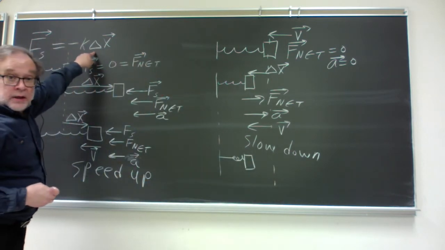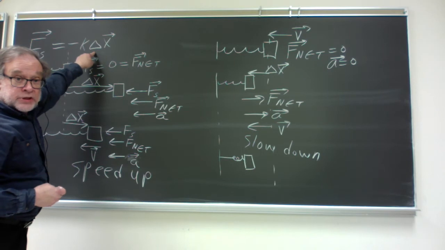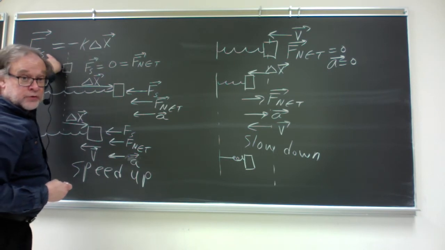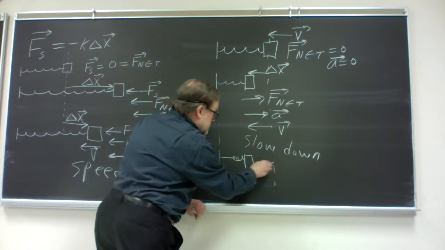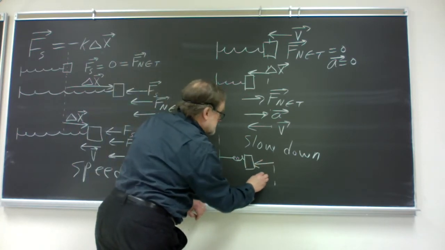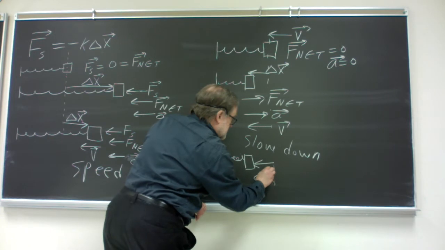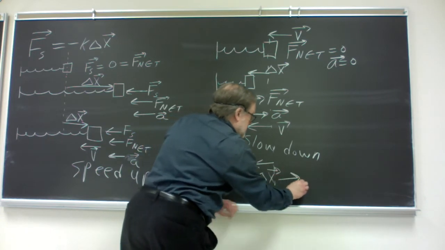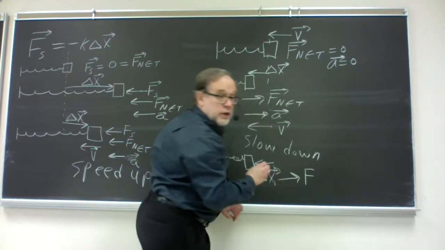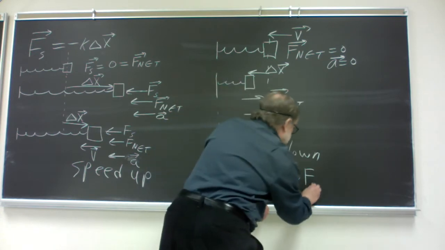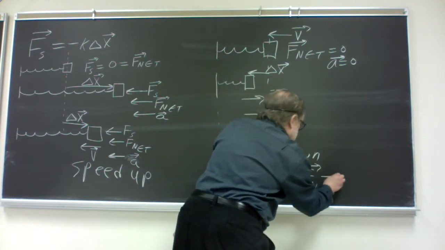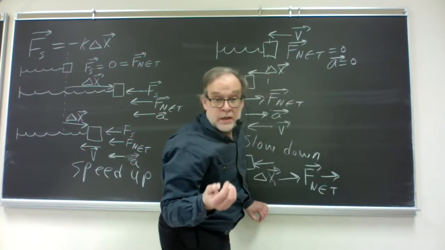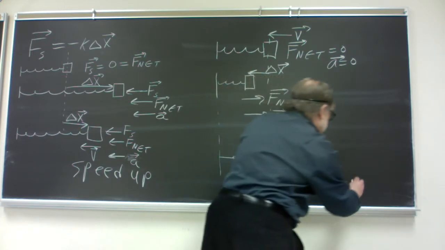There's still a displacement that points to the left, so there's still a spring force that points the opposite way, points to the right. So displacement to the left. So spring force, which means to the right, which means net force to the right. Which means acceleration to the right.